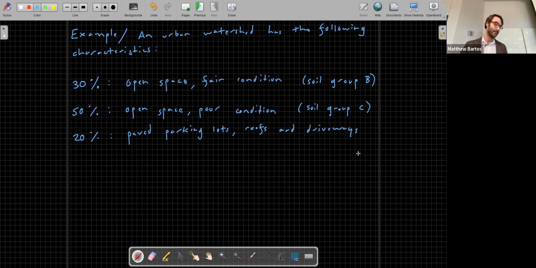Okay, and this is soil group C. Okay, assume that soil moisture condition 3 applies. So I'm going to say assume that AMC3 applies.